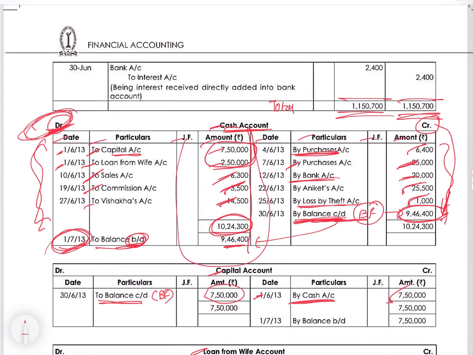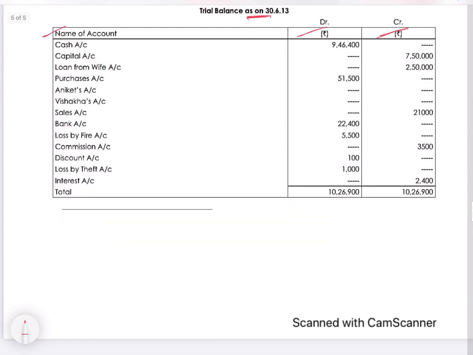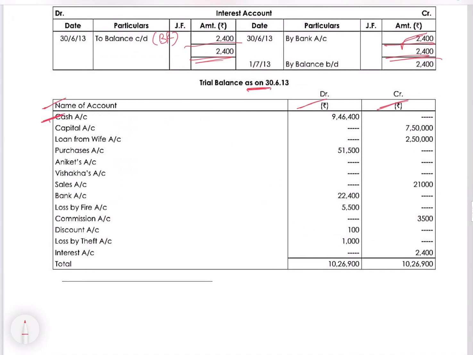So my cash account has a debit balance of 9,46,400, and I write it on the debit side. The heavier side is where we write the closing balance.